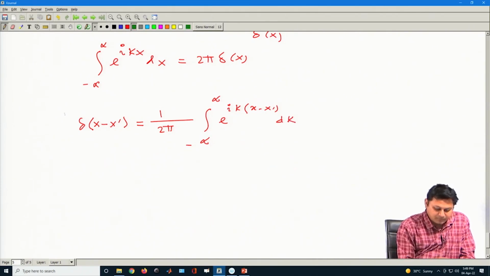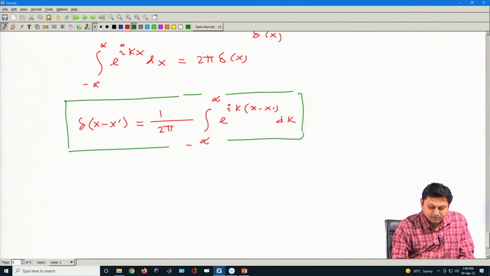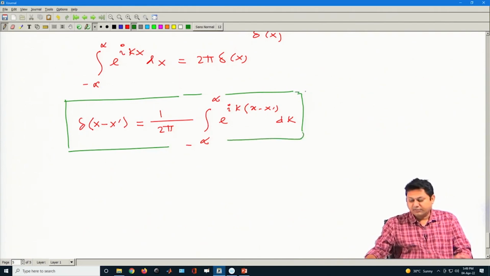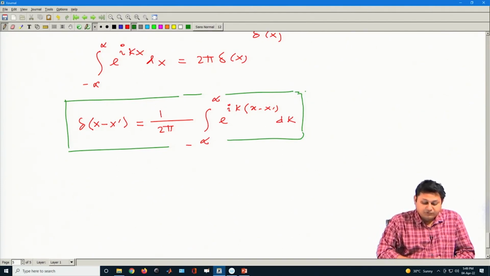This is a very important expression, and maybe in future we are going to use this. I just want to show that the delta function can also be represented in a different way. This is also an identity of the delta function, a useful relation that we are going to use in the future class.